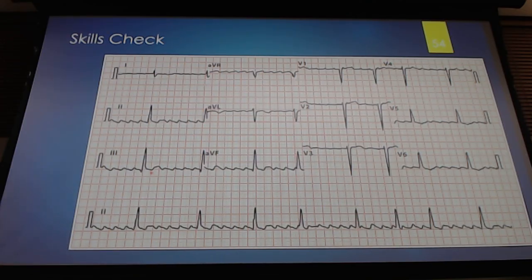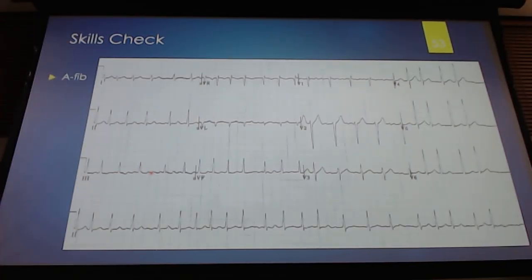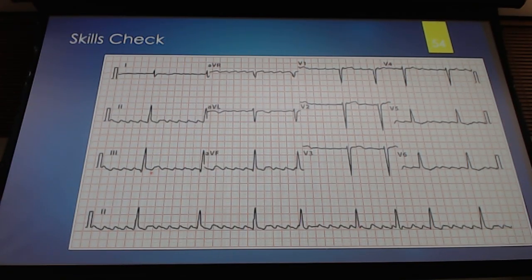And it's irregular because we have a flutter with a variable block. We have variable block A flutter. Do you guys see the difference between these flutter waves and the earlier one, where we don't really see clear flutter waves? In real life, sometimes it's hard to determine, so we do different maneuvers to try to figure out what this is.